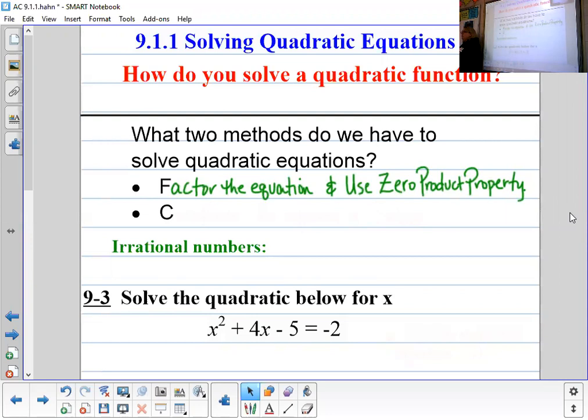But what if it's not factorable? Did we learn another thing that we can do with standard form to get it into a solvable equation? If it's in standard form, I could go to vertex form by completing the square. So that's another way that we could solve it: we could complete the square and then solve the equation.